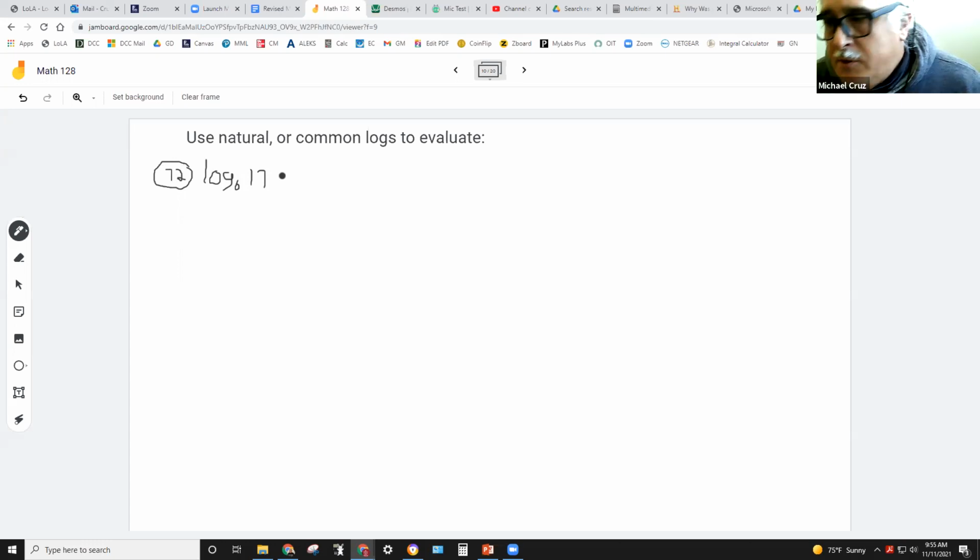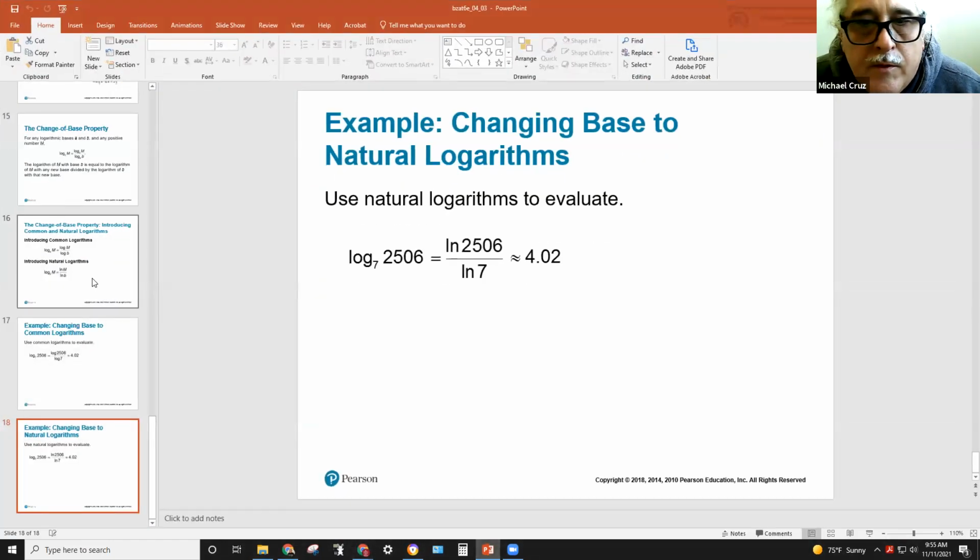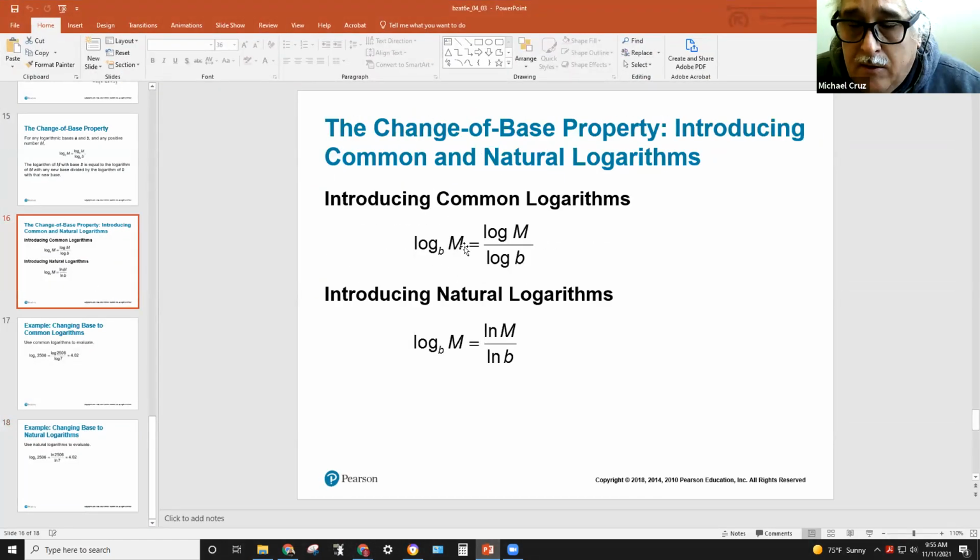The reason I wanted to jump to this, so we make sure we finish it, is because this is very handy, as you're going to see, especially in the last two sections. Very handy if you have a different base. So remember, the change of base is the numerator is going to be the log of the main value input, and then the denominator is the log of the base.